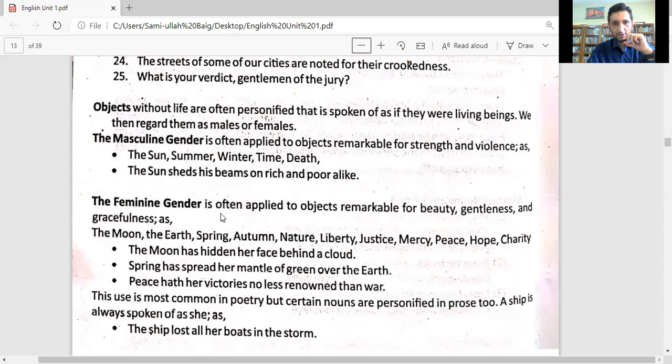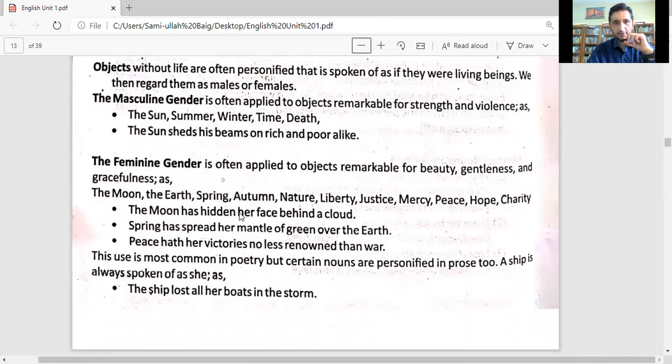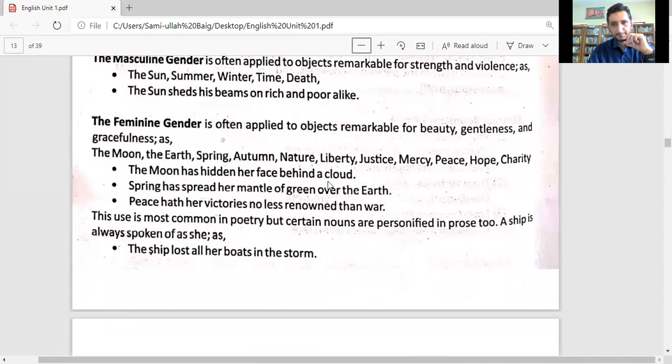Now the feminine gender. As you know, the qualities of being feminine are beauty and gentleness. Girls are always striving after beauty and they are gentle and graceful as well. So any non-living thing in nature that is beautiful, gentle and graceful, we assign the feminine gender.